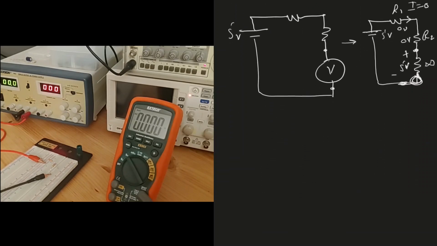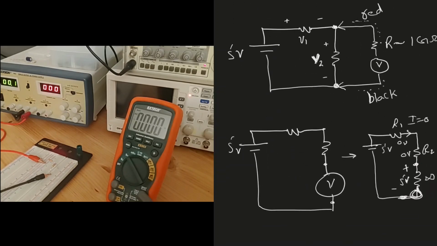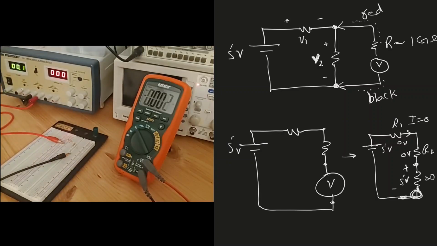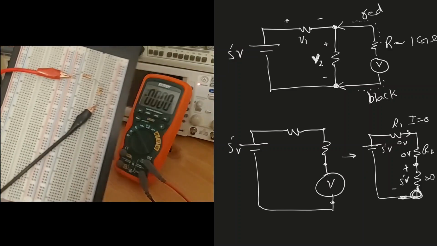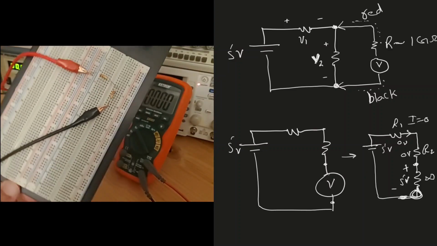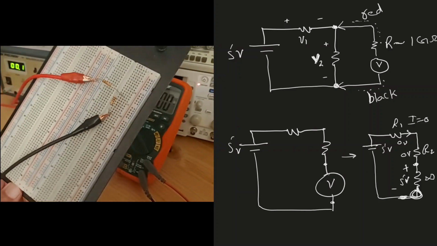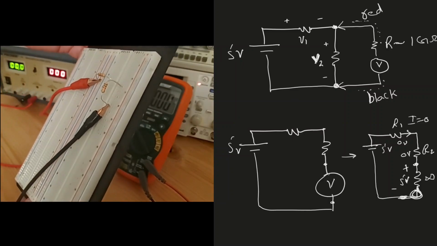All right. So now let's take a look at all of this and see how much voltage we measure and how much voltage we expect to measure. Here I have created this simple circuit where I have two resistors, R1 and R2, connected in series.